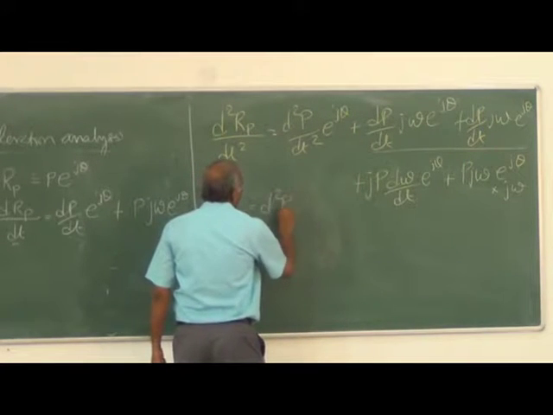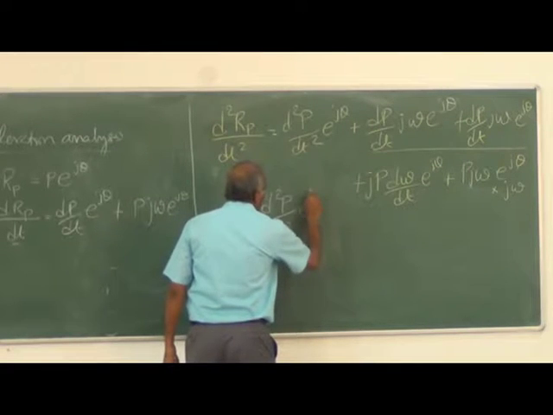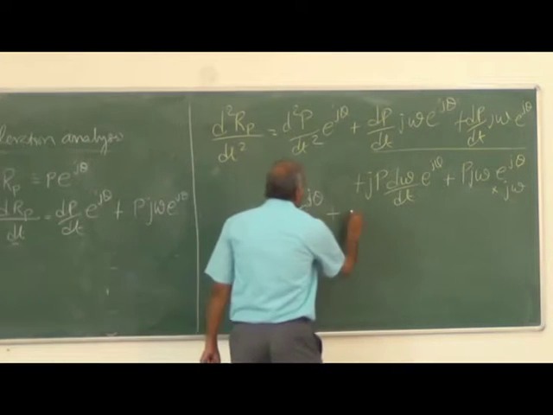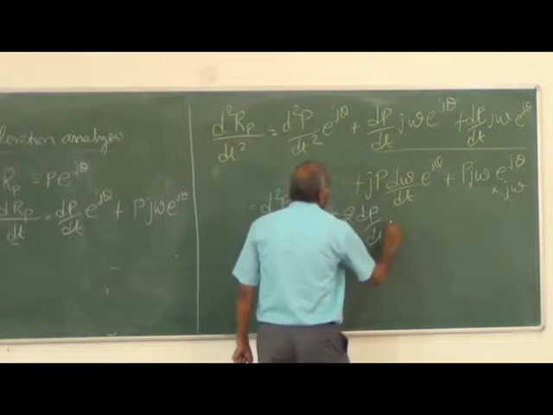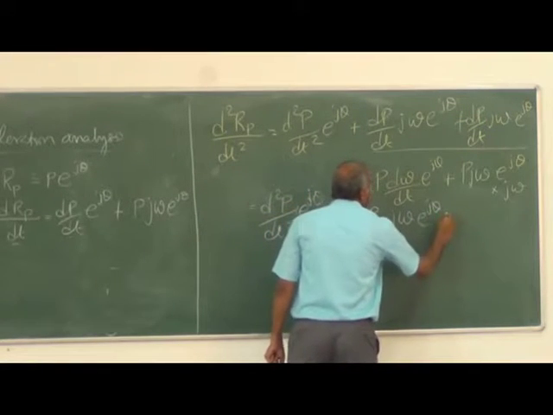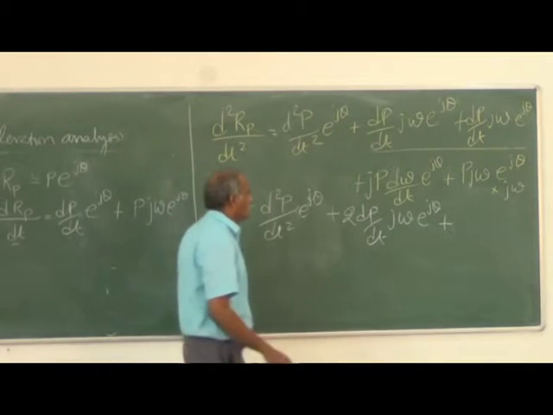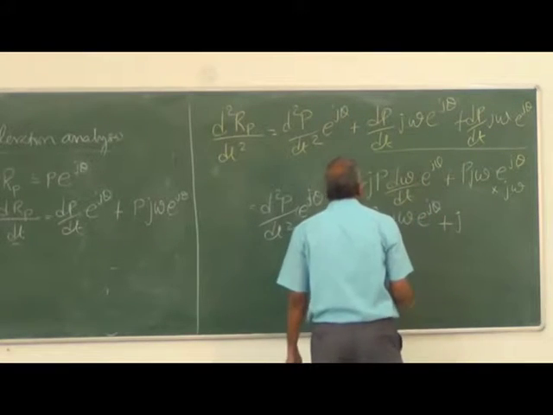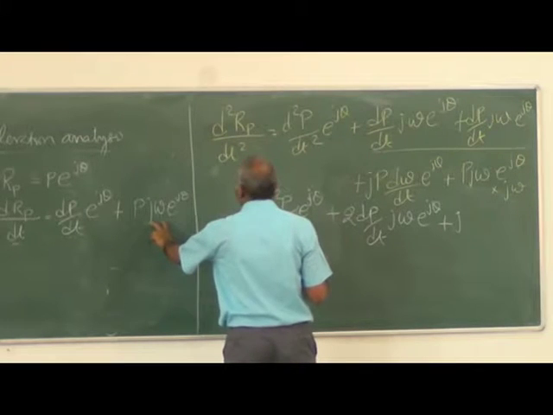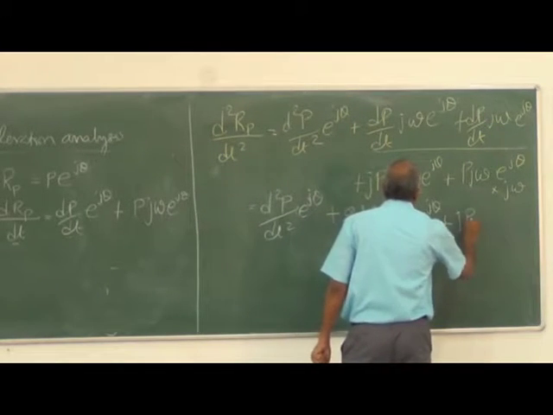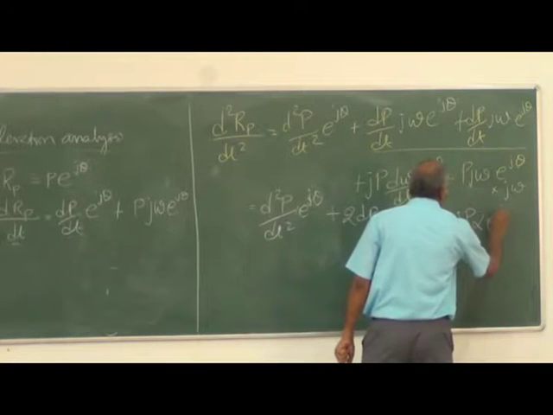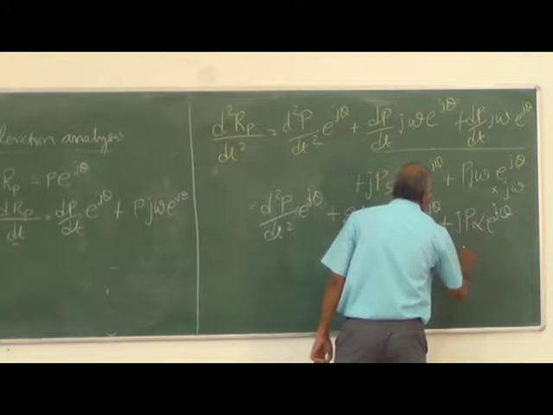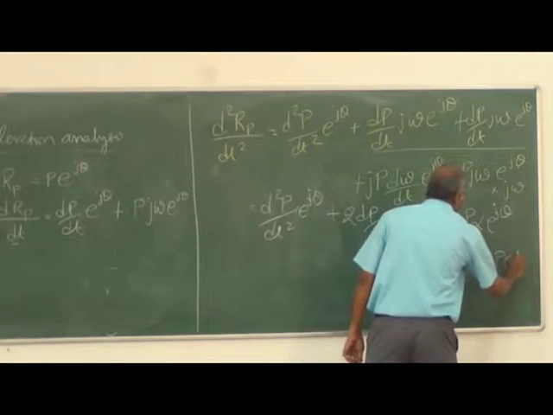And now you can see that d square p by dt square e power j theta, plus 2 times dp by dt j omega e power j theta, plus you have here the j omega, d omega by dt, that is, j times p alpha, plus you have j square omega square p e power j theta.